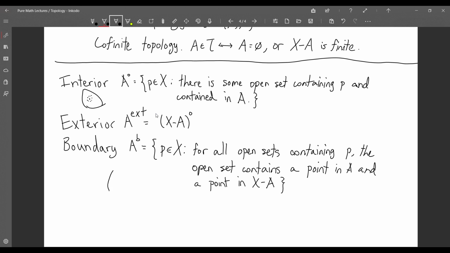On the other hand, with the boundary, if you draw like a circle, no matter what open set I pick, I'm always going to have points in A and points outside of A. You can never have it completely contained in A or completely contained in X minus A.